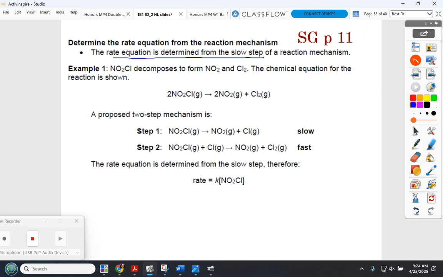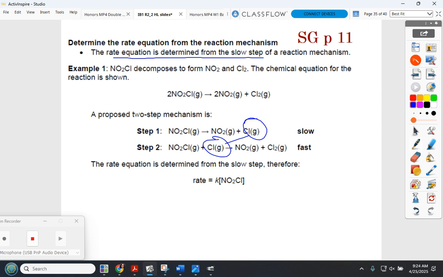So if we're looking at this, we're just looking at the slow step, and we're also getting rid of anything that is an intermediate. Because the Cl here is an intermediate, its concentration is not going to be important.